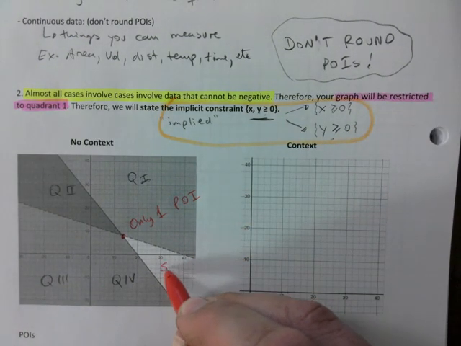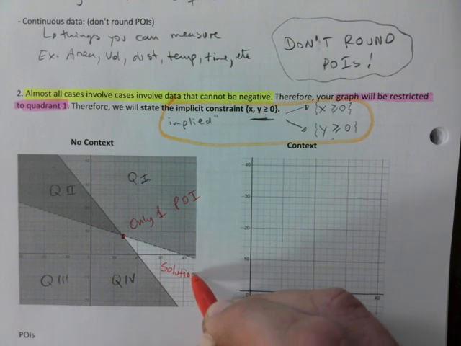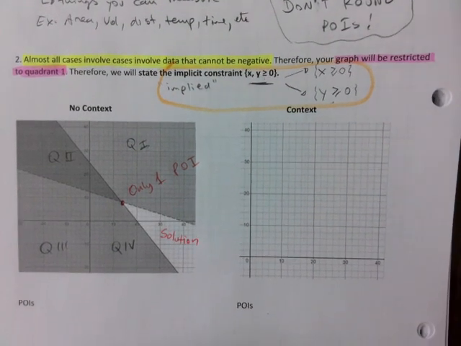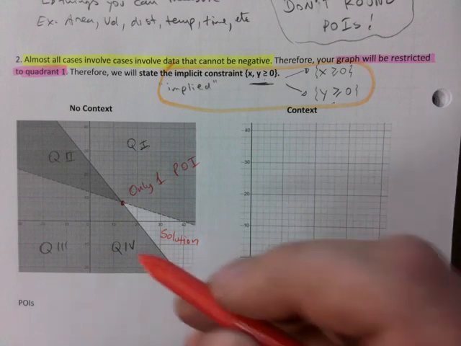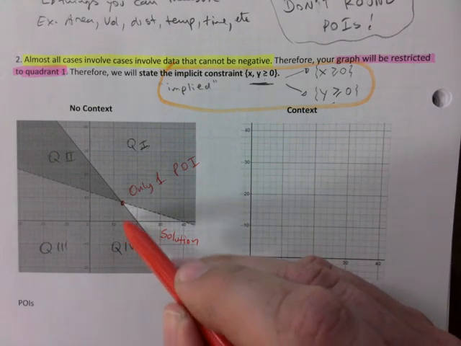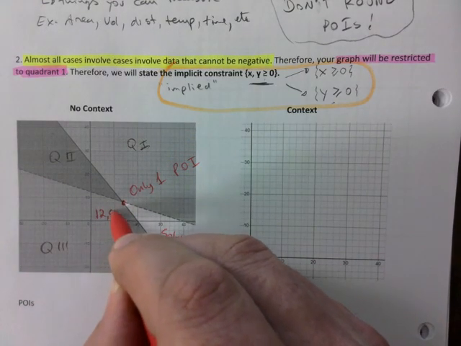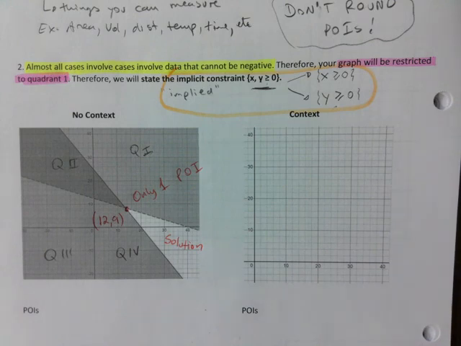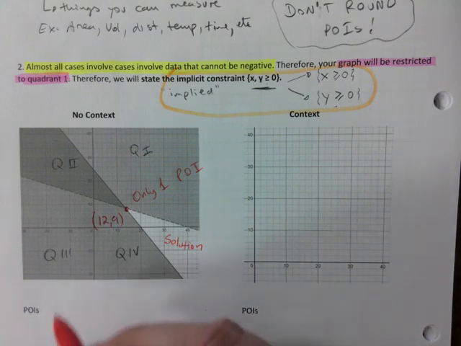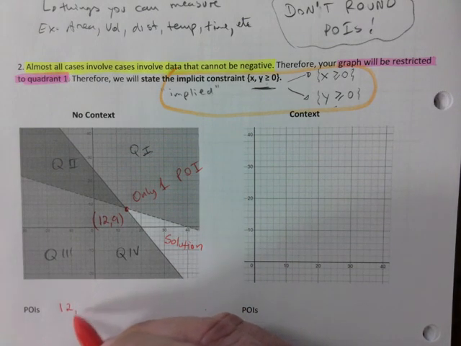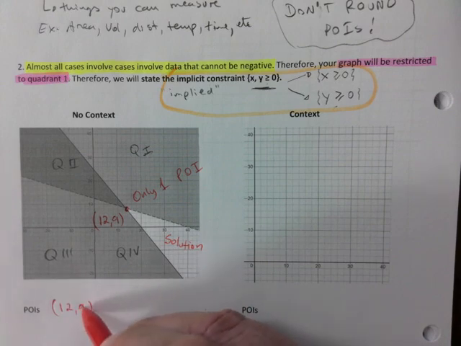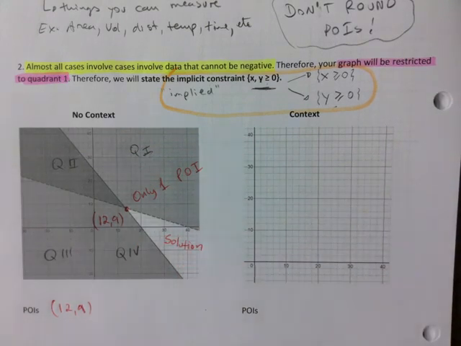We would consider this our solution region. And we can guess, this is 12.9. I think I made it land right on the intersection there, so that's 12.9. I'll do it one more time down here. 12.9 is the POI. Nothing else is a point of intersection because your solution region is surrounded by just one point of intersection.